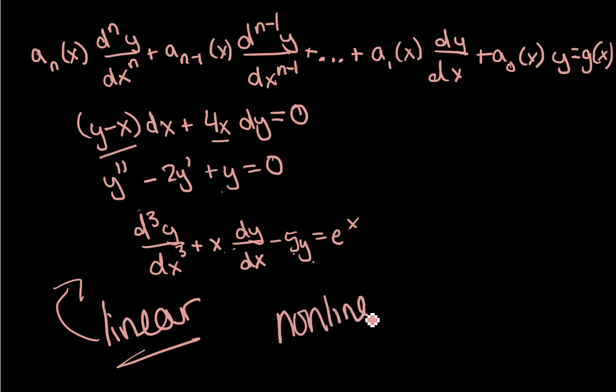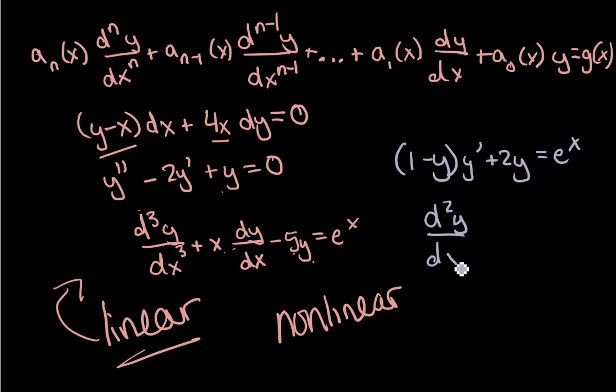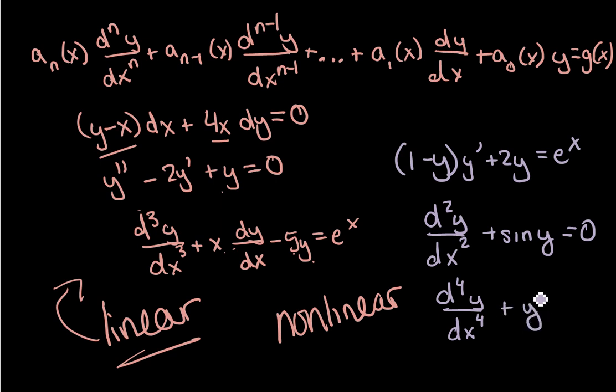Nonlinear is any equation that's not linear. Examples of nonlinear equations would be 1 minus y times y prime plus 2y equals e to the x, or d squared y over dx squared plus sine of y equals 0, or d to the fourth of y over dx to the fourth plus y squared equals 0.